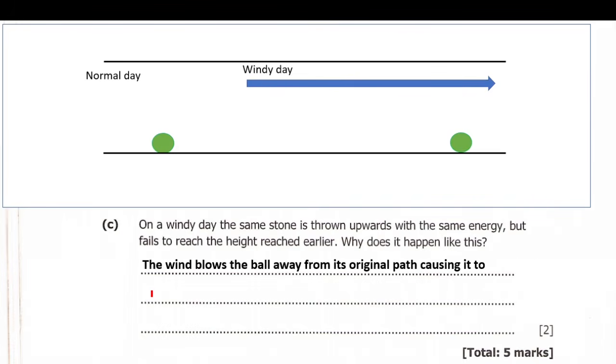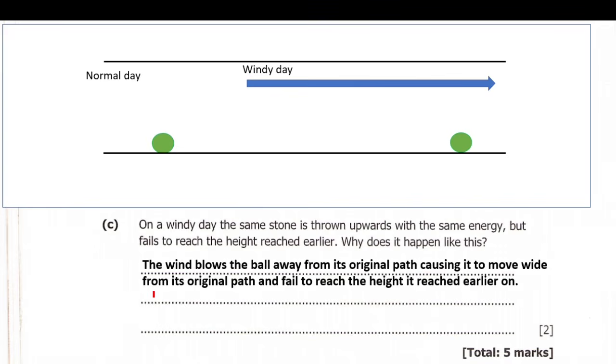In answering, you say the wind blows the ball away from its original path, causing it to move wide from its original path and fail to reach the height it reached earlier. So this is the reason.